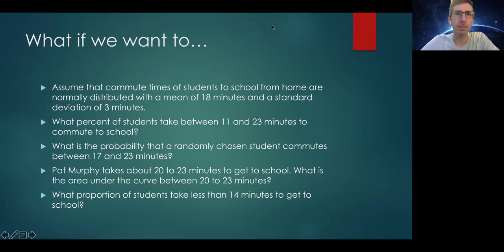So up here, let's say we take this first one and let's assume that commute times of students to school from their homes are normally distributed. They have a mean of 18 minutes and a standard deviation of 3 minutes.